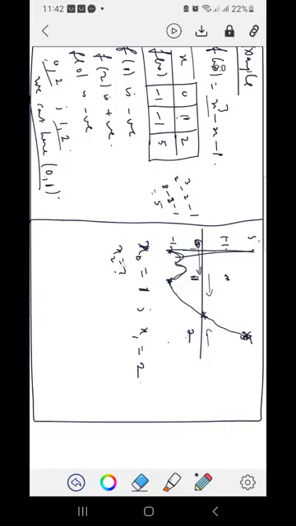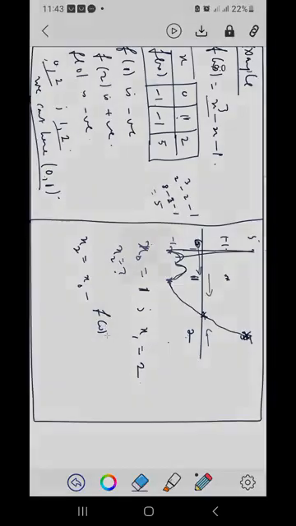Let me just write out the formula here. The formula we have before: x2 is the same thing as x naught minus f of x naught, times x naught minus x1, everything over f of x naught minus f of x1. Sorry, excuse me, I'm kind of messy this morning.